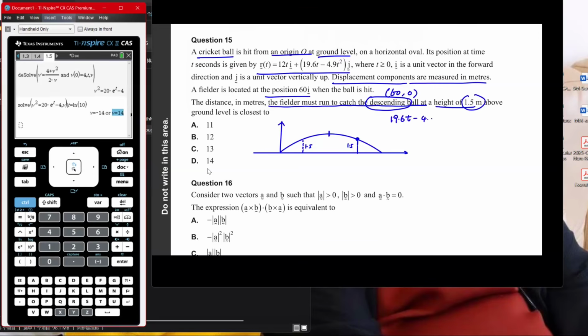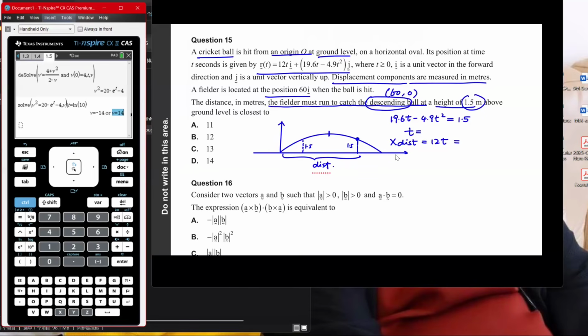And then I'm going to say, okay, 19.6t minus 4.9t squared equals 1.5. Then I'll get a t value, and then I can find a horizontal distance. T equals something, then distance horizontally equals 12 times t, and it gives you some value. But I also need to identify the location of the fielder, which is 60, 0.